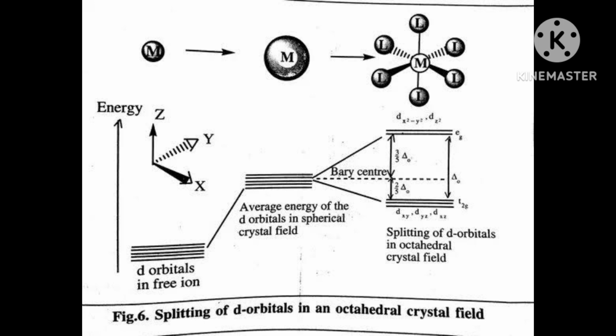First, the fourth electron could either enter the t2g level and pair with an existing electron.